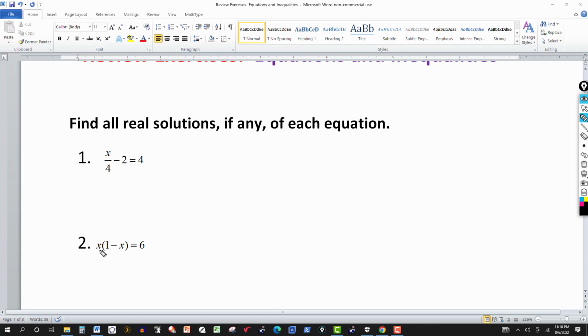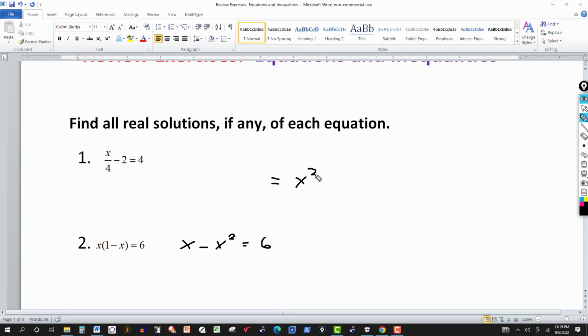Okay, the next one, we've got x times 1 minus x equals 6. So let's simplify the left side by multiplying through by x. Let's get everything on one side. This has an x squared here, so it's going to be a quadratic. Bring the minus x squared over. Doesn't matter which side.